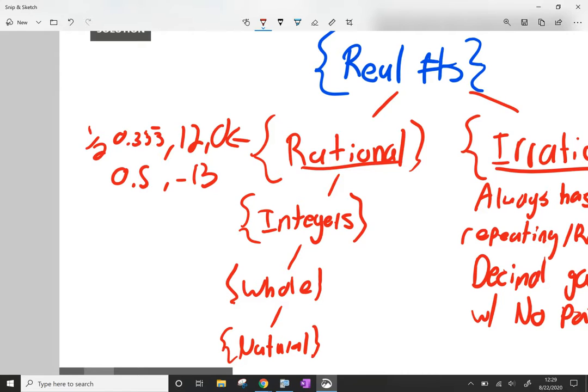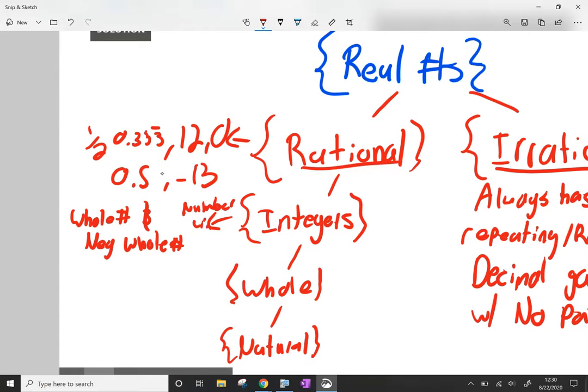Now, integers are going to be basically whole numbers and negative whole numbers, okay? You know what I mean by whole numbers, right? Like 7, 8, 9, 10, not 10.5. No decimals, no fractions, just whole numbers and negative whole numbers. So think integers, think the number line.